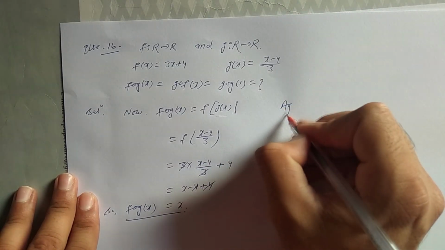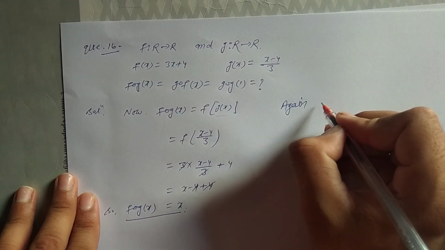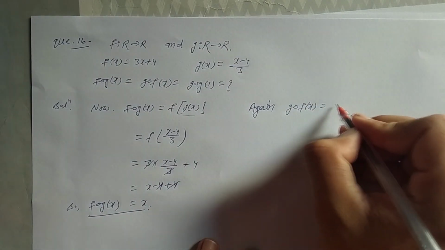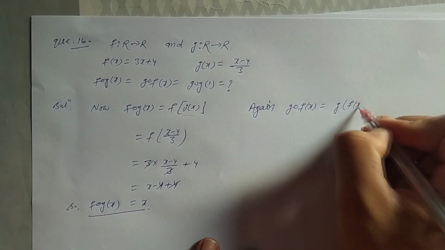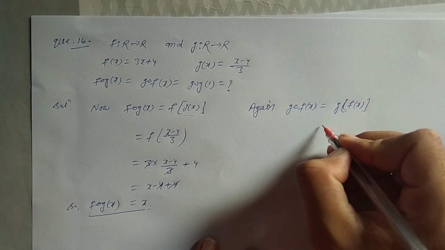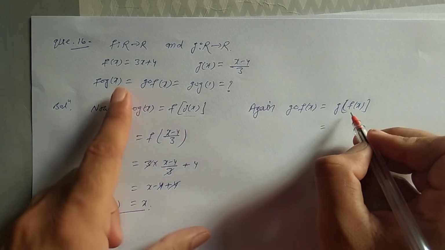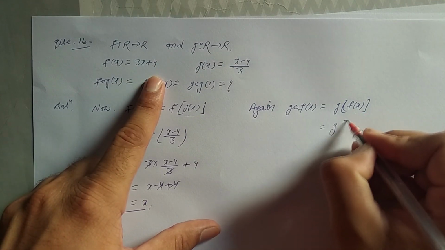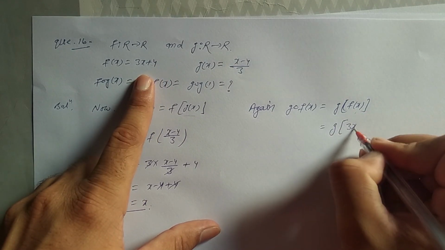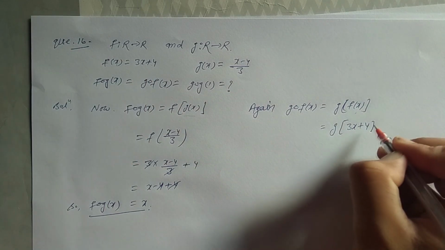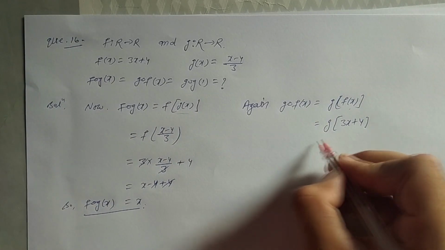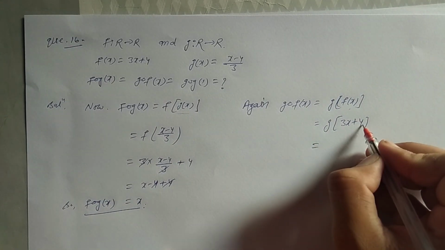Again, gof of x means g of f(x). f(x) equal to 3x plus 4, putting the value of function f(x): g of 3x plus 4.